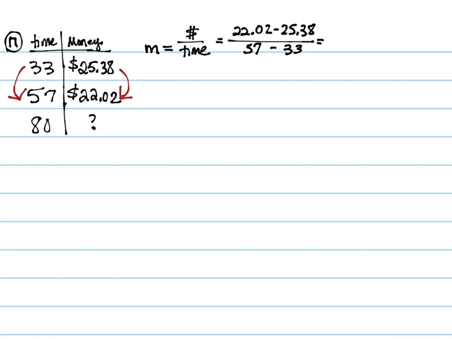What do we have there when we subtract? What's the numerator? Yep, negative 3.36, and the denominator is 24. So what happens when you take negative 336 divided by 24?